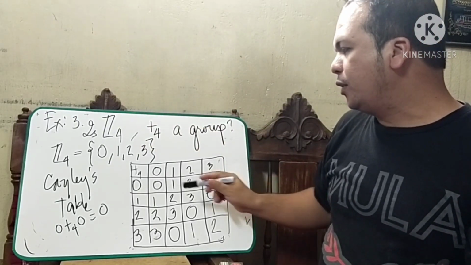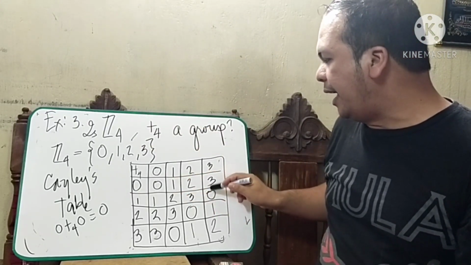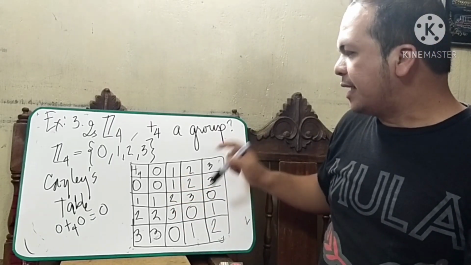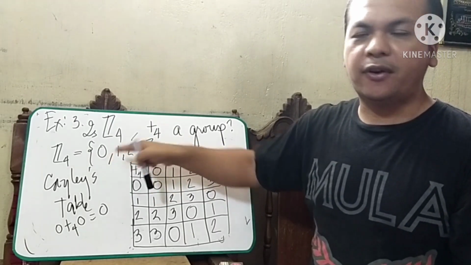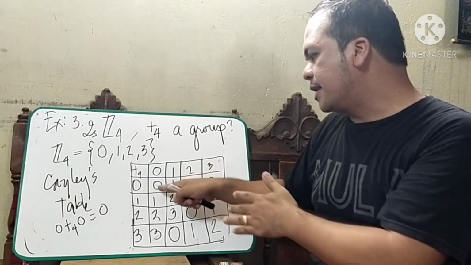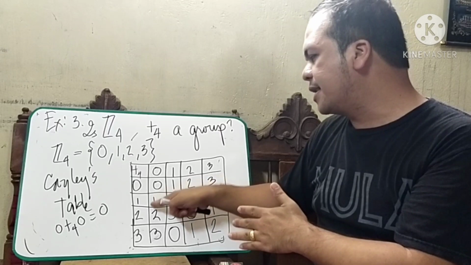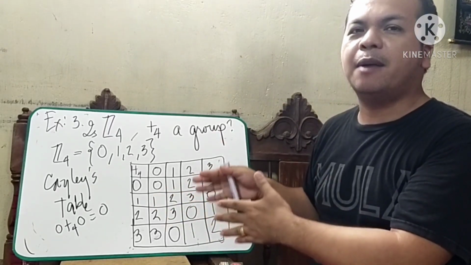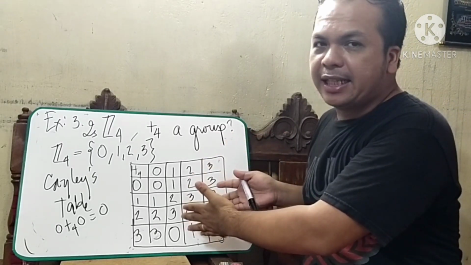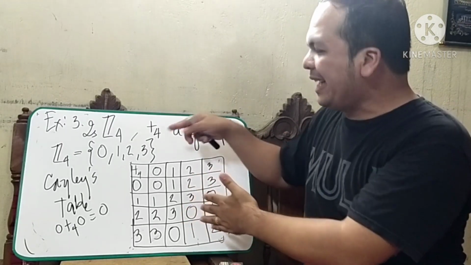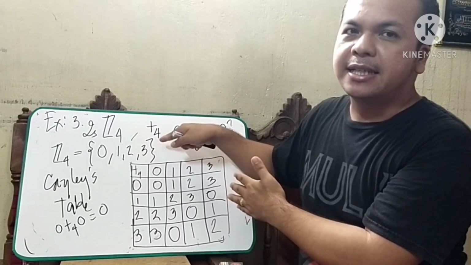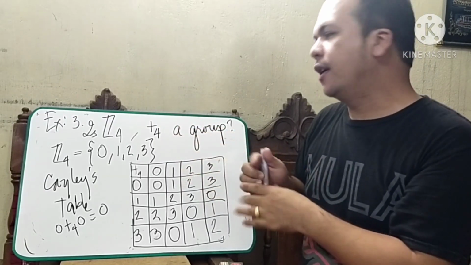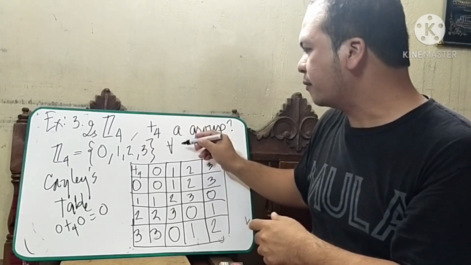Meaning to say that there is no entry on this table which is not found in Z sub 4. Lahat ng sum 0, 1, 2, 3, 0, 1, 2, 1, 2, 3, 0, 2, 3, 0, 1, wala kang makitang entry dito sa table na to na hindi makikita sa Z sub 4.